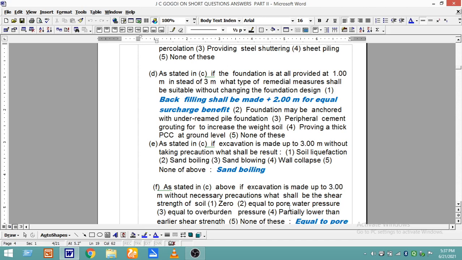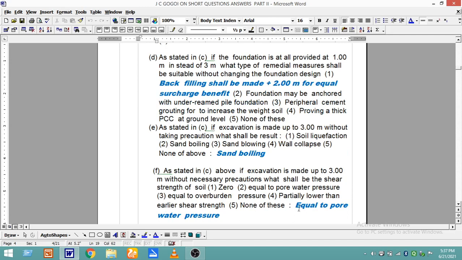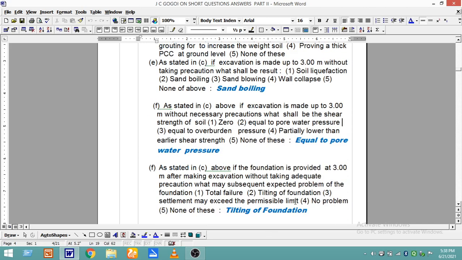Options: zero, equal to pore water pressure, equal to overburden pressure, partially lower than earlier shear strength, none of this. Here, equal to pore water pressure. Shear strength shall be equal to pore water pressure, because the whole soil has started boiling, so soil has no resistance, only the pore water pressure shall produce some amount of resistance.